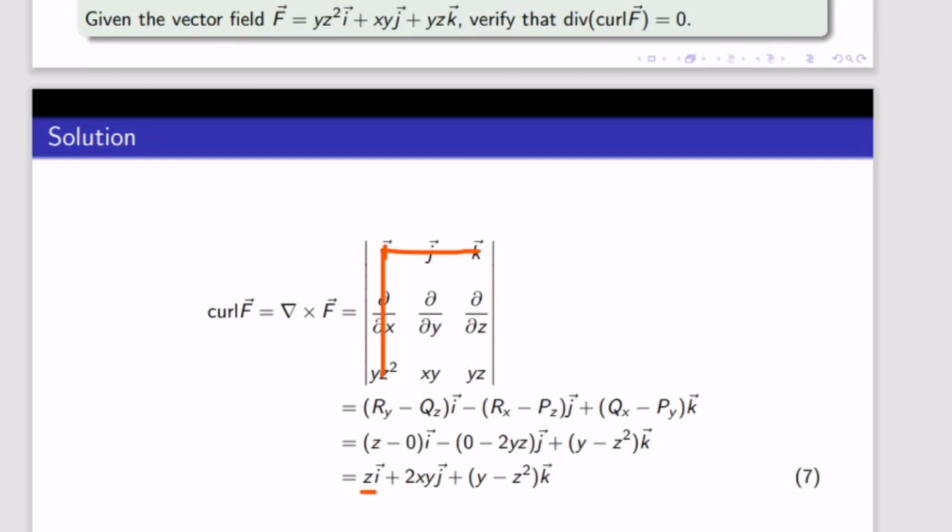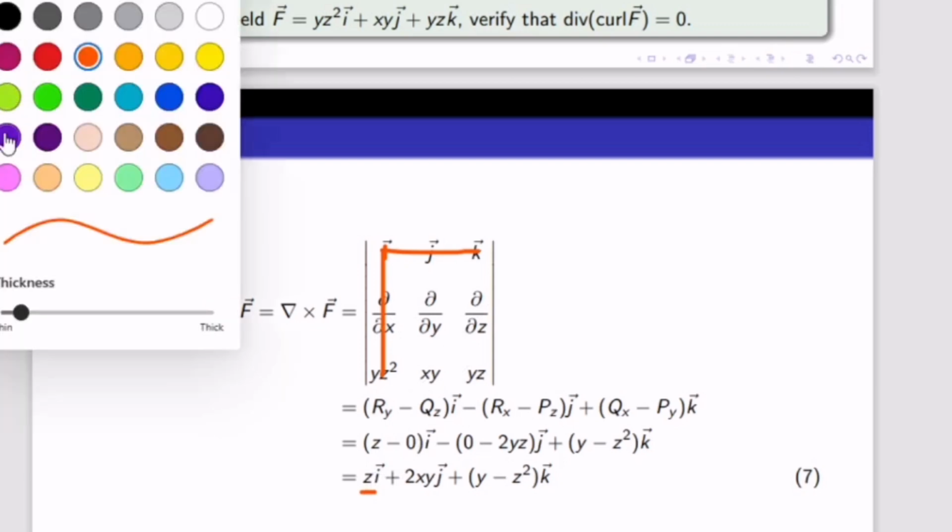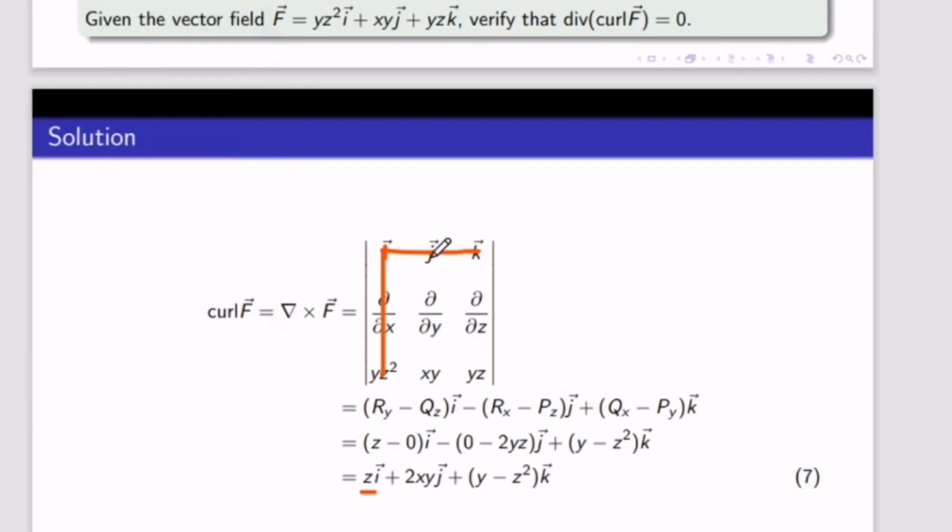Let's take the second one. Let me change the color. With the second one, we are going to cross the middle side like this. So when you cross the middle side, you're going to get this mapping to this. Then you partially differentiate with respect to x. When you do that, you're going to get 0, because there's no x here.